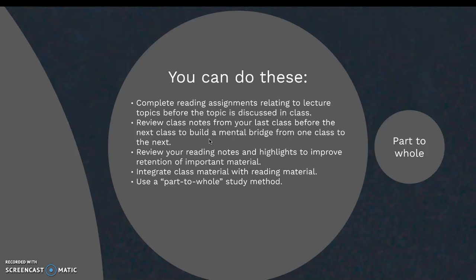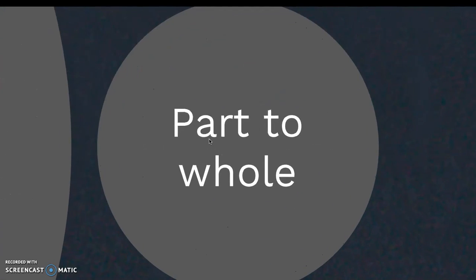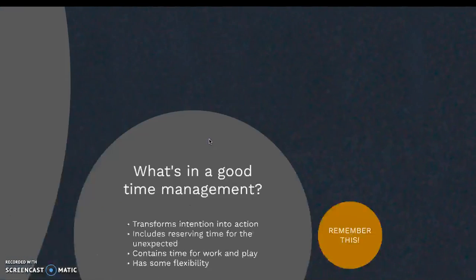It's something to do with developing mental process, and also self-explanation, and on the right side here is an explanation about the part-to-whole. What does that mean? And then this gives you the definition of part-to-whole.